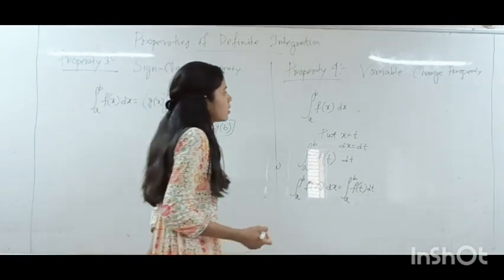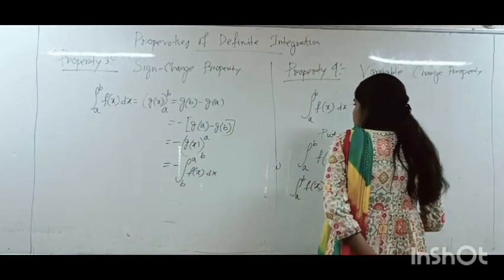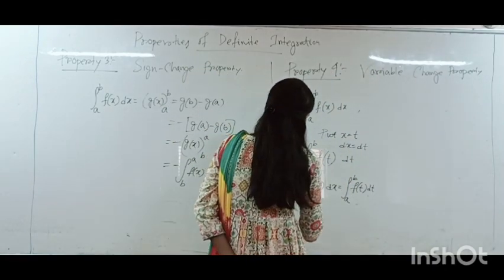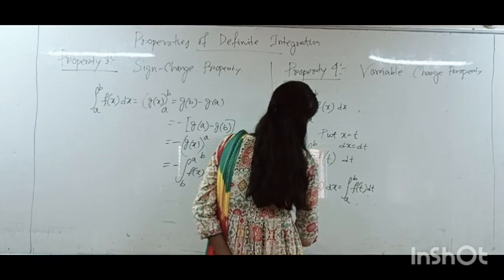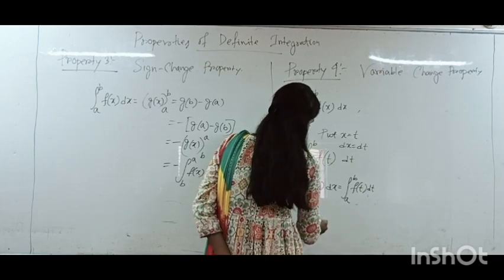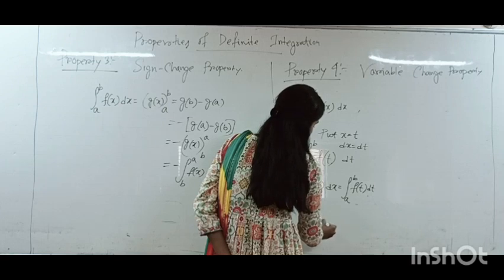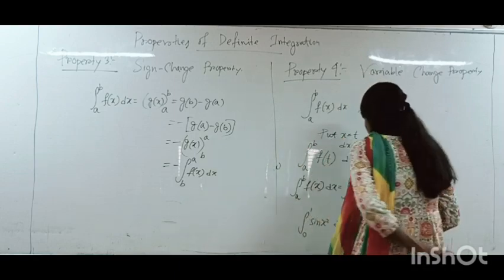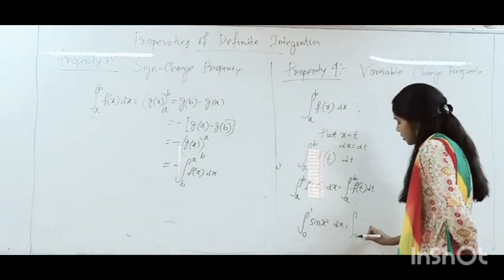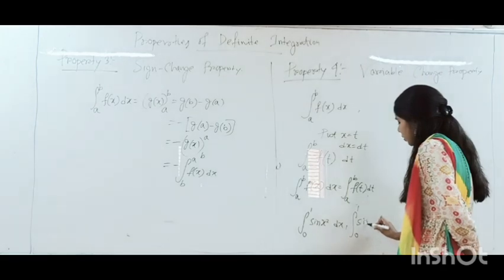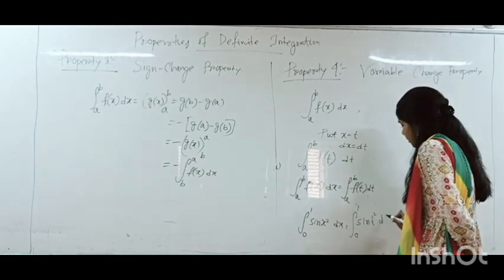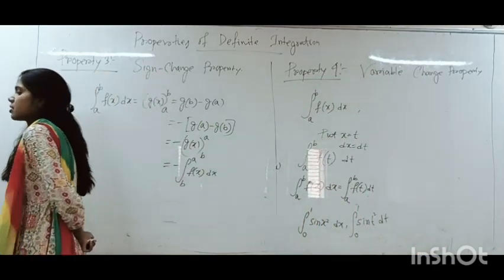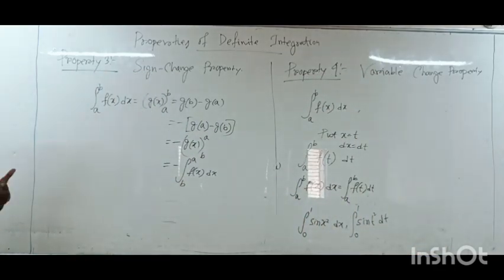So you can see, if I take these two integrals, 0 to 1 sine of x square dx and 0 to 1 sine of t square dt, is there any relation between them?